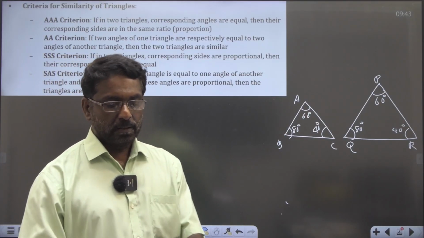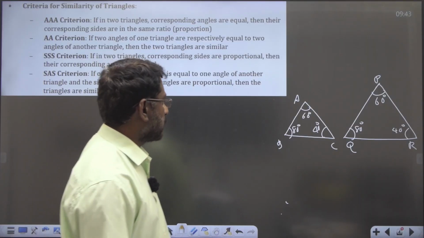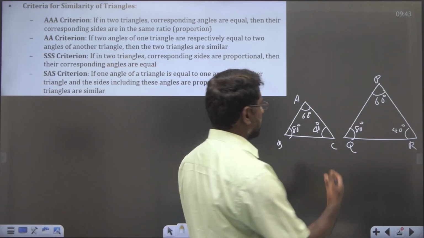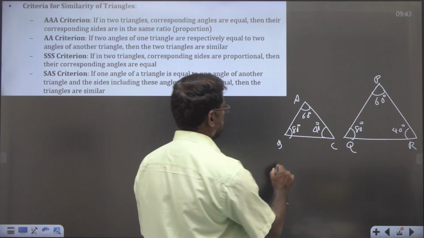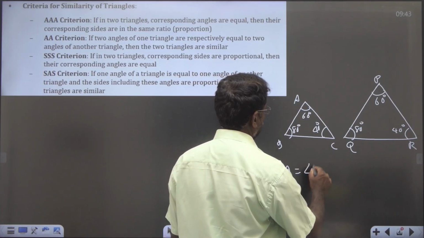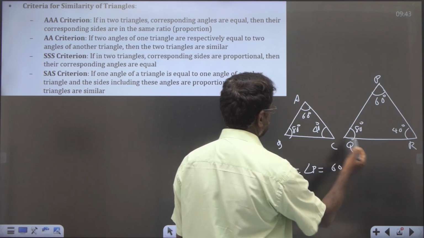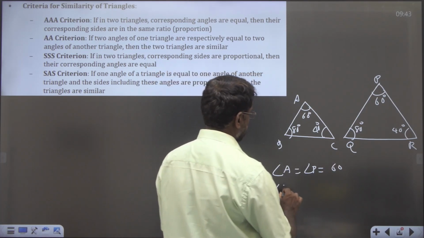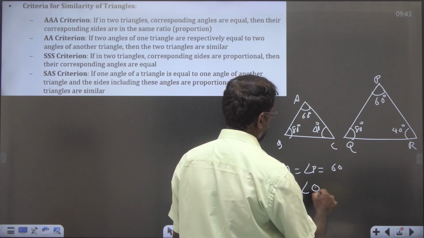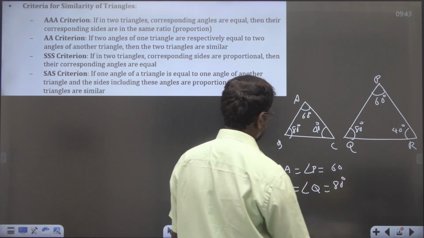Let us examine the angles, because the angles are given. Angle A equals angle P, that is 60 degrees for both triangles. Similarly, angle B equals angle Q, that is 80 degrees.